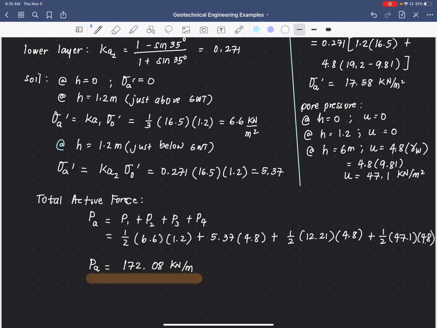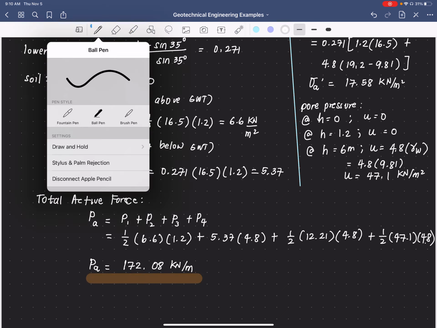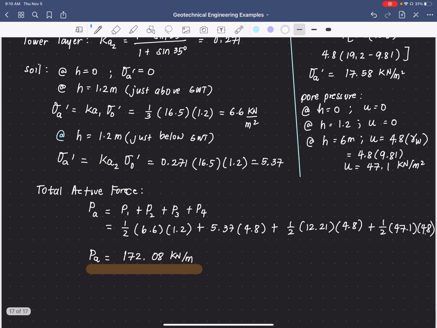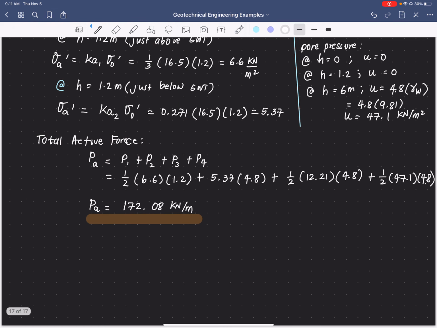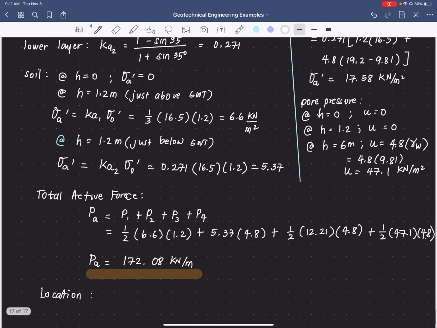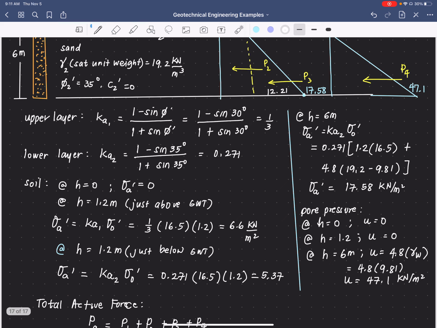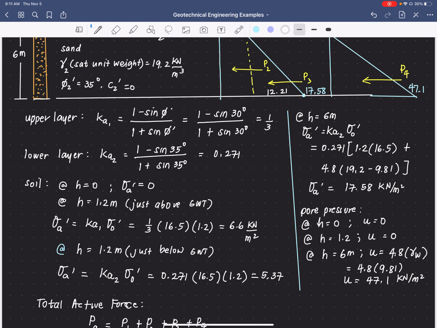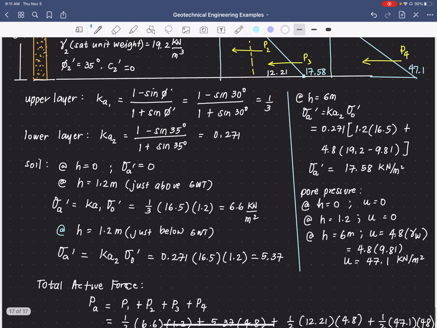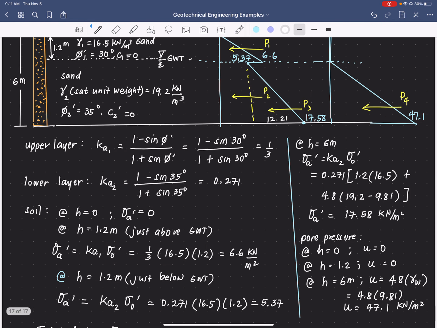Okay. And lastly, if you want to get the location of the resultant, you simply take the moment about the bottom of the wall. Take a moment at the bottom of the wall here, some moment, then we'll be having the following.